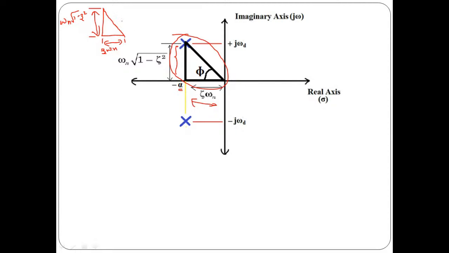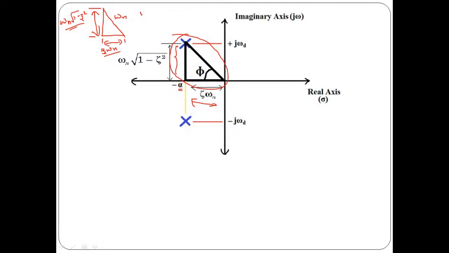And the resultant of these two will be your hypotenuse. If you try to calculate it, it will be this square plus this square.